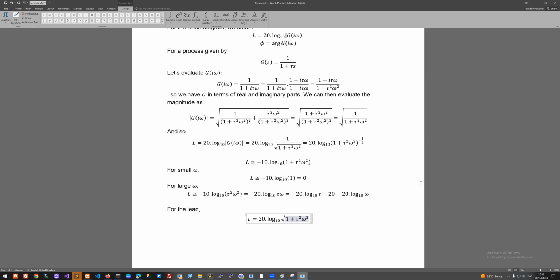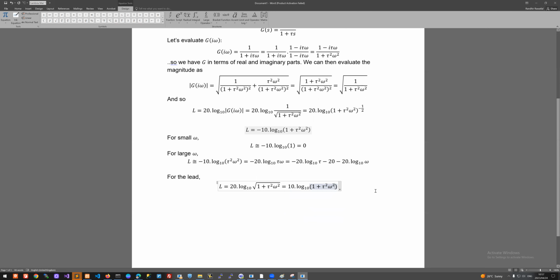So that's L. And then we can rewrite this as, so that square root is, of course, raised to the power 1/2. So we can rewrite this as 10 times log 10 of this stuff.